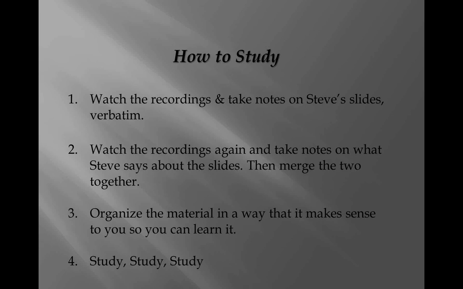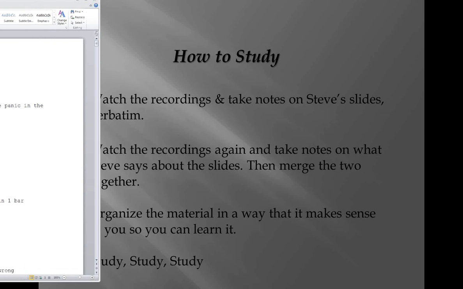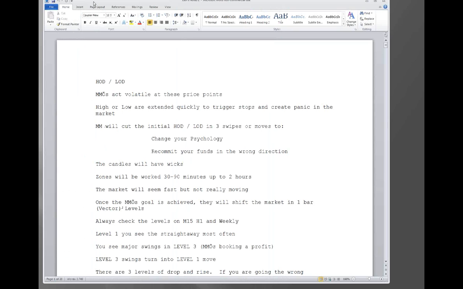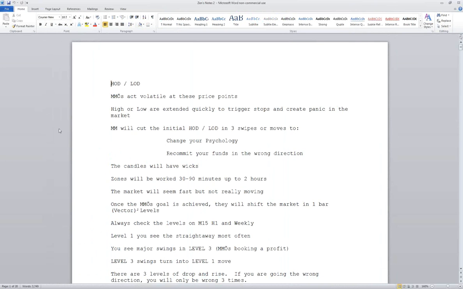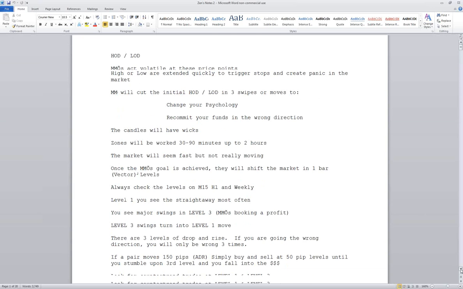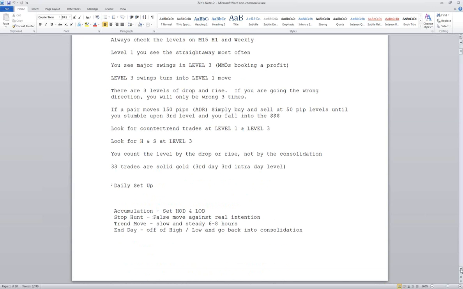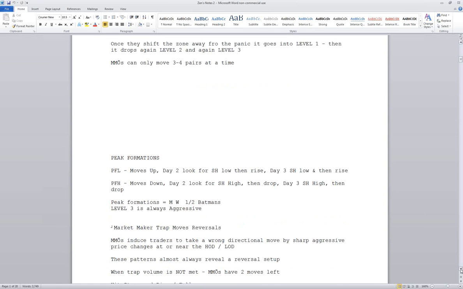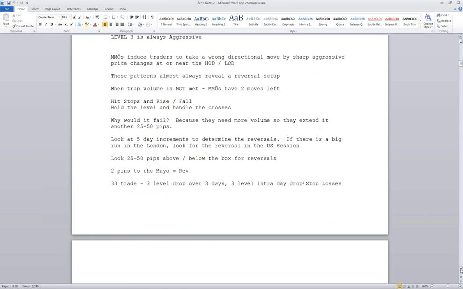So what I wanted to do is just show you here. I'm going to go through it pretty quickly, but I wanted to show you some of the notes that I had taken. So I'm going to bring this page in here. Okay, so here's what I had. Here's some information on high of the day, low of the day. And then there's stuff on peak formations, everything that I need to learn about peak formations.